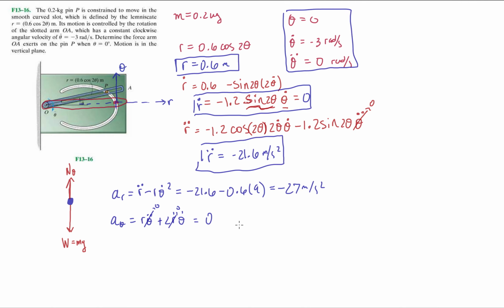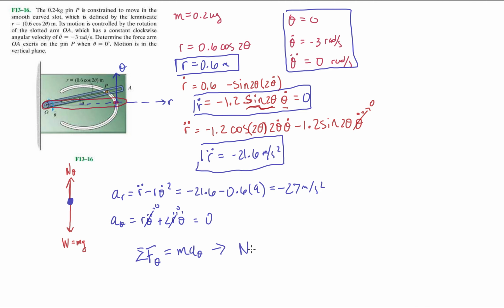All right, we're almost there. So now let's do forces. We're trying to get the force arm OA exerts on pin P when theta equals 0. Like I said, when theta equals 0, there are only 2 forces acting on it, and they're going to be in the theta direction. So let's sum up those forces.